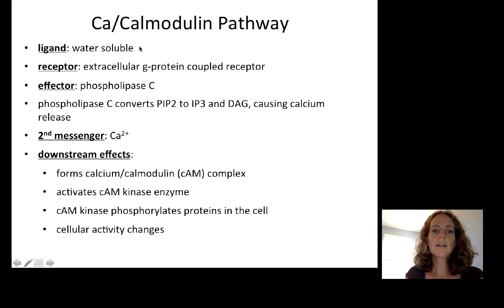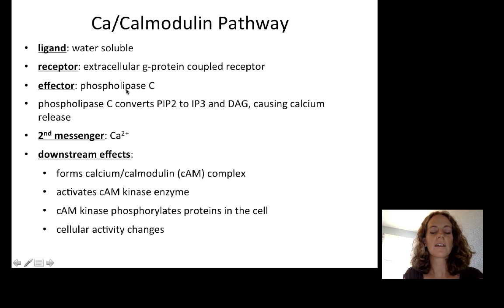This one I'm going to give to you because you will also run into this in your clinical careers, but I don't need you to memorize this quite at the same detail, but let's do it. So again, this is a water-soluble ligand acting through an extracellular G protein coupled receptor.